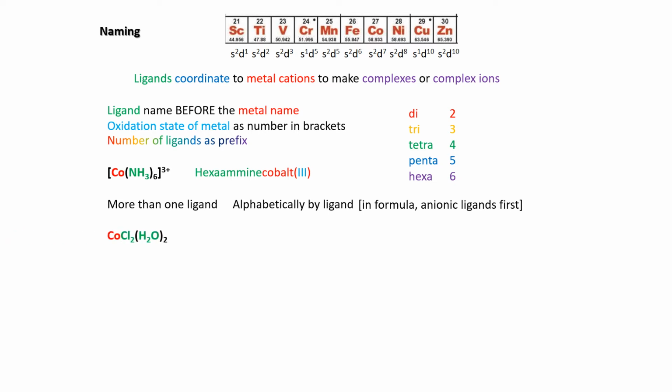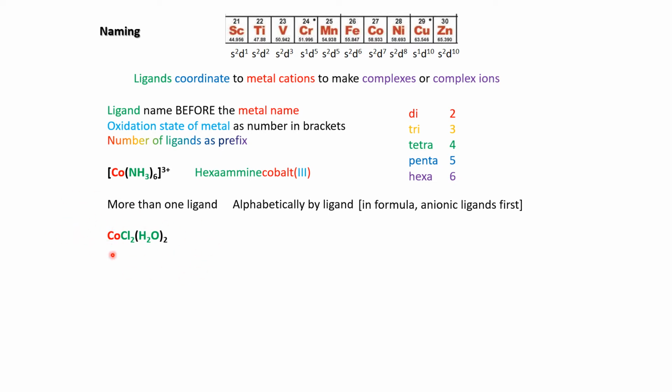So let's consider this species here. We've got 2 ligands. We've got chloride, which of course is chloro, and we have water, which is aqua. Okay. Which is first? Well, aqua, A, comes before chloro, C. We have 2 of each of those, so it's diaqua, dichloro. Okay, and then of course the metal is cobalt, piece of cake. Which oxidation state? Well, we have to think about the overall charge is nothing.